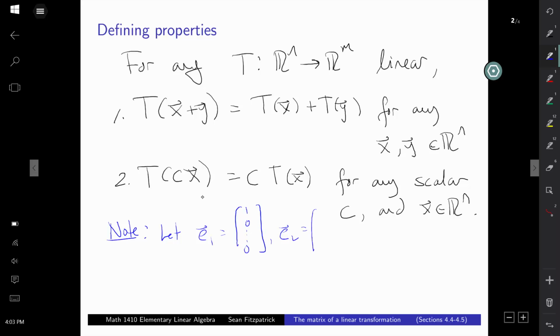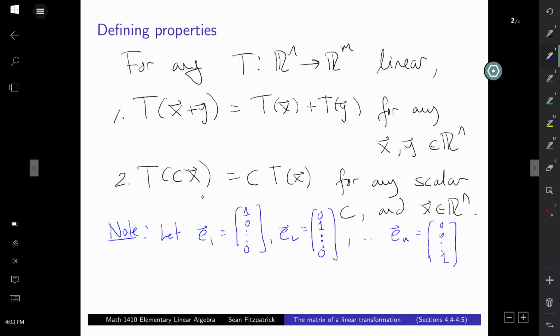E2 is going to be the vector with a 0 and then a 1, and then everything else is going to be a 0. So a 1 here, and then everything else is 0, and then so on down to En, 0, 0, and a 1 in the last spot.